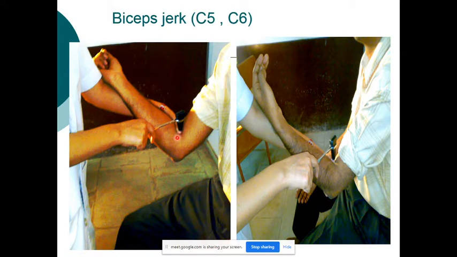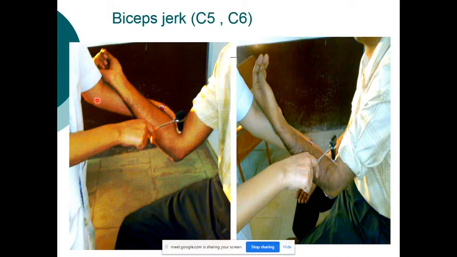Okay, fine. So this is the examiner's hand, and this is the patient's hand. For eliciting the biceps jerk, you can see the patient's hand is placed at a 90 degree angle at the elbow joint.